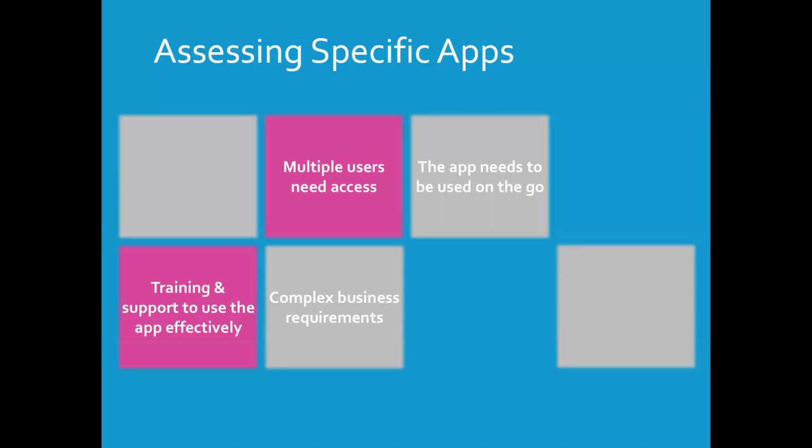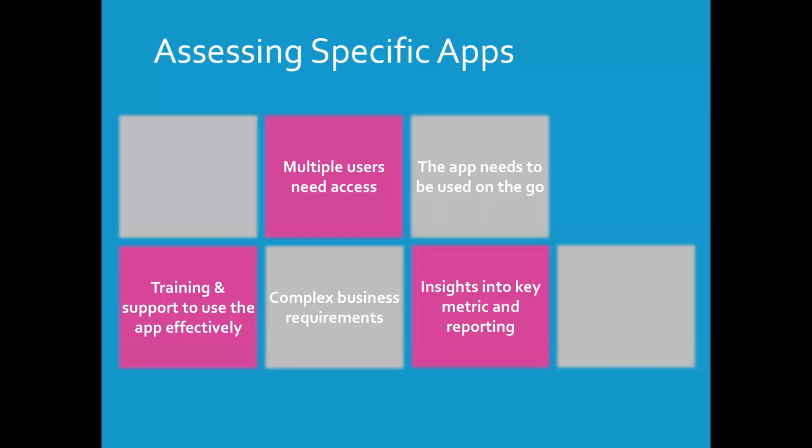You might have full functionality on your PC or laptop, and limited functionality on your mobile app. So if having a mobile app is high up on your list of priorities, then we need to understand, is it just the basics, or does it provide the full functionality that we want? And again, how expensive is it to use the app? Are there additional costs involved?